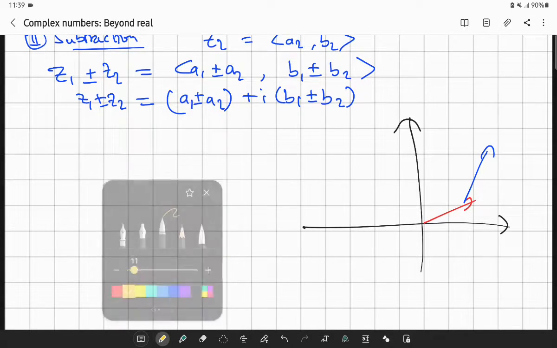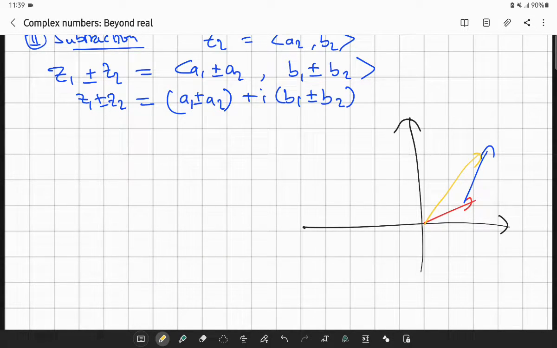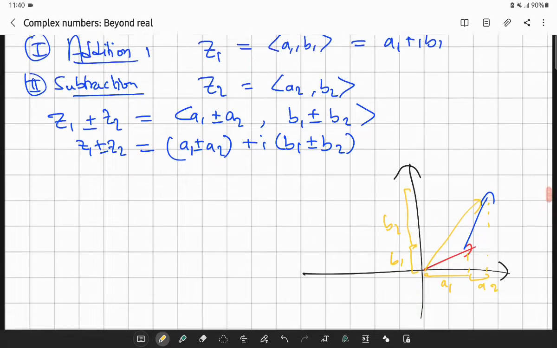So z1 plus z2 is like this. And you can imagine this like this. You have this is a1, and this is a2, and this is b1, this is b2. And it makes complete sense. So the vector analogy is complete.